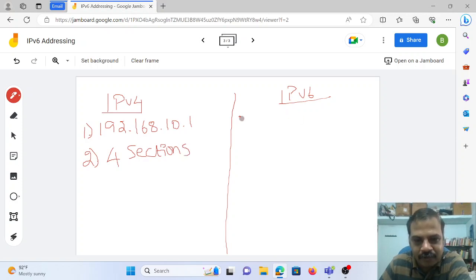At the same time, let us look at an IPv6 address. I'm writing an IPv6 address, FCDE.